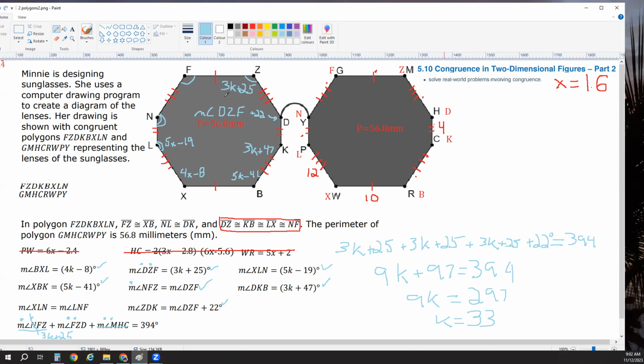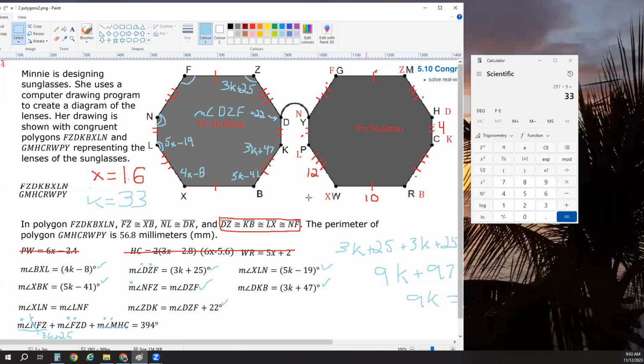Now, I'm going to slide these and move this over here. That's a good spot for it.